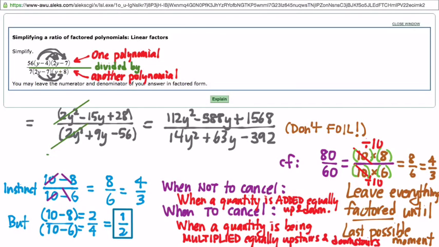How is the 2y squared being connected to the rest of its expression here? Subtraction and addition. And that's no good. The fact that that is not a factor but a term in the numerator and denominator makes it an illegal target for cancellation. We can't do it. It doesn't work.